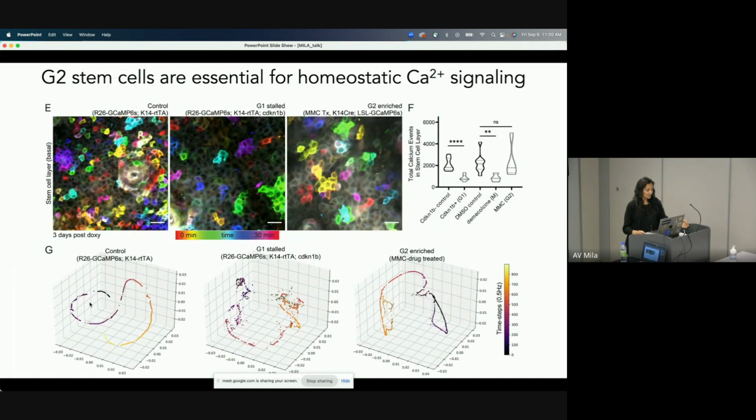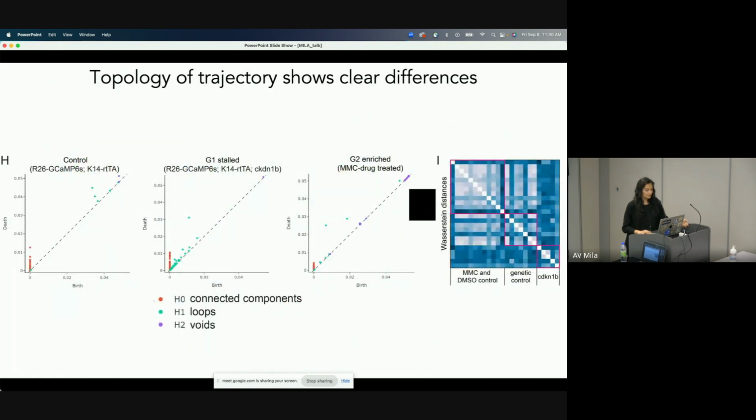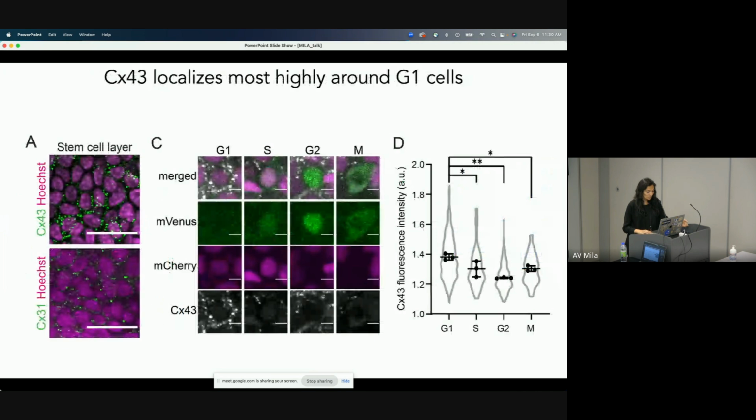To establish that this is indeed some kind of homeostatic mechanism, we tried to stall cells in a certain phase of the cell cycle, and you immediately see that these sweeping calcium traces become more perturbed. And not only that, you can classify trajectories based on whether they're stalled or if they're smooth.